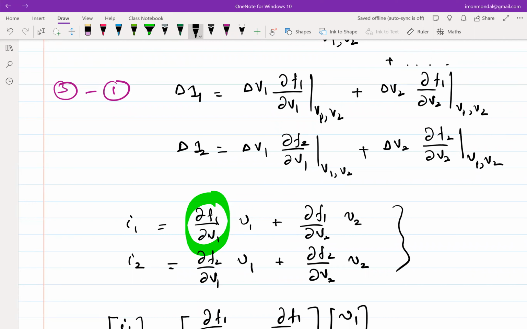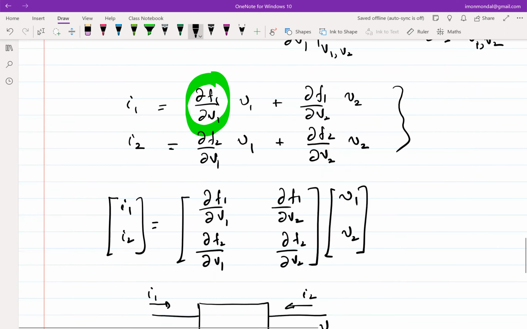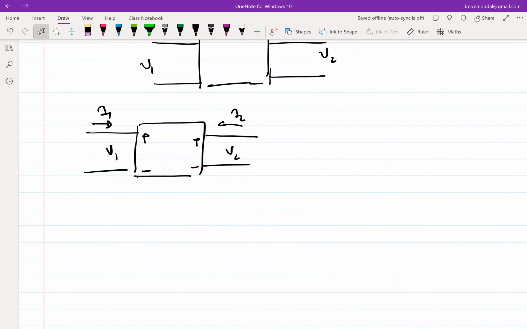Had it been a relationship between V1 and I1, coming back to his question, I could have as well started off by saying that V1 is the dependent parameter and I1 is the independent parameter, and formed a similar relationship: V1 equal to del G1 del I1 plus del G1 del I2.